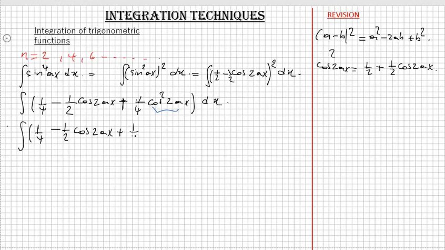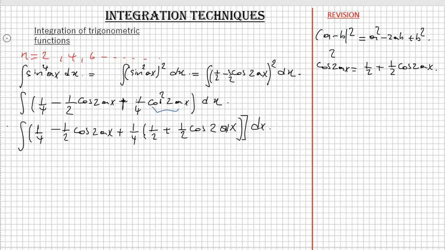So I have 1 over 4 multiplied by, so this is the expression of cos square 2ax, so that gives 1 over 2 plus 1 over 2 cos 4ax, and then I close the bracket.